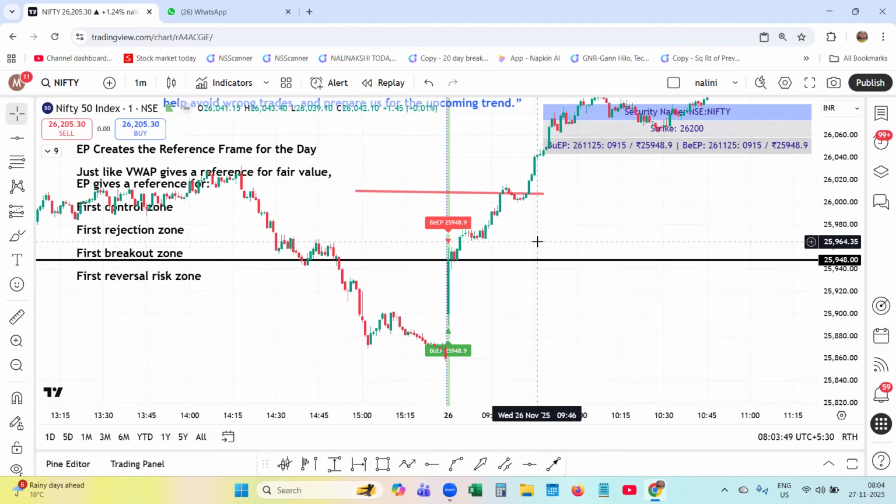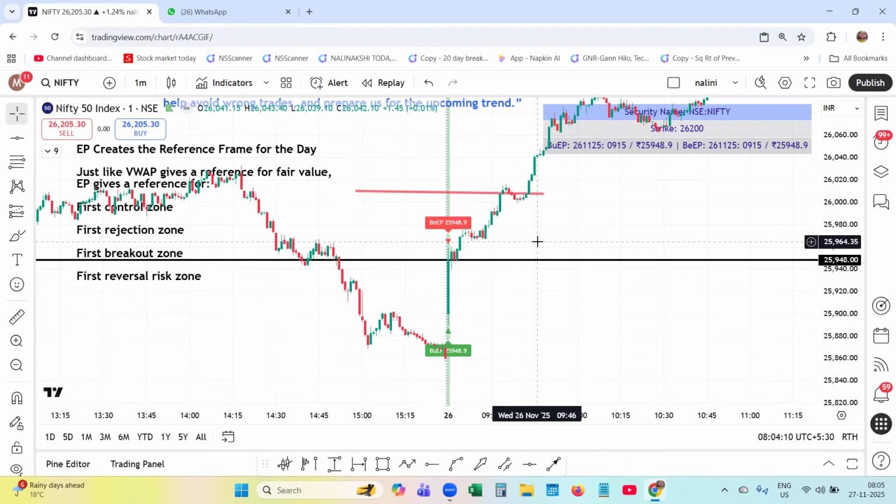So what you need to do is, these are very, very important levels. CE and PE levels are important before the market structure forms. That's why I've created Rolling Pivot Reversal Magic.